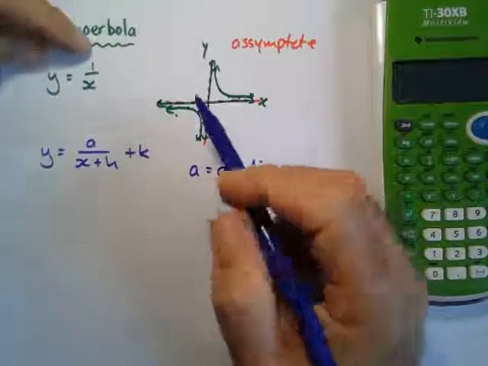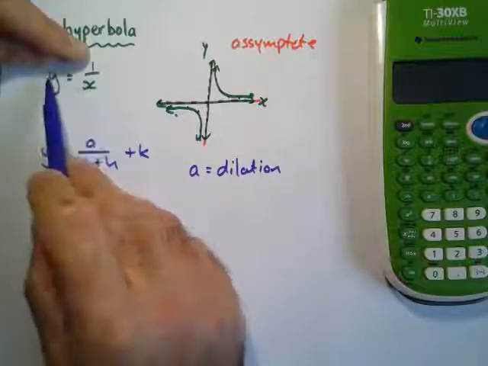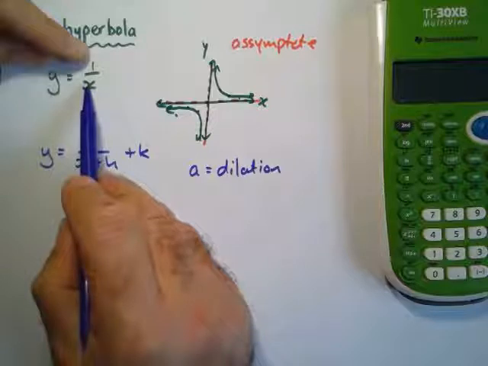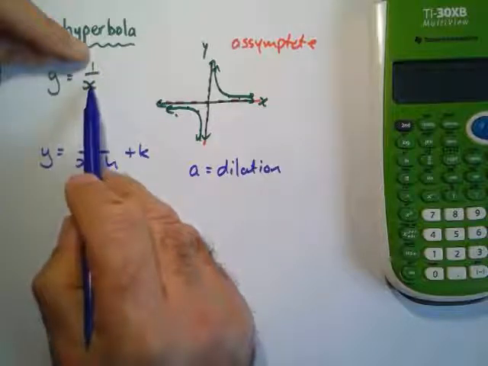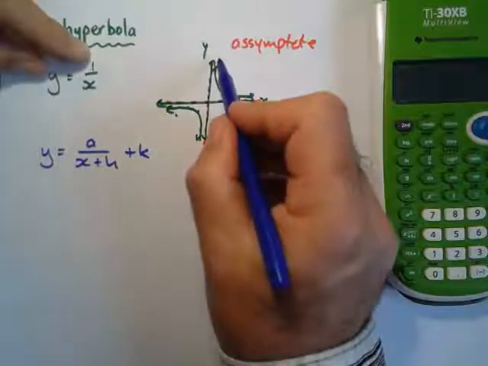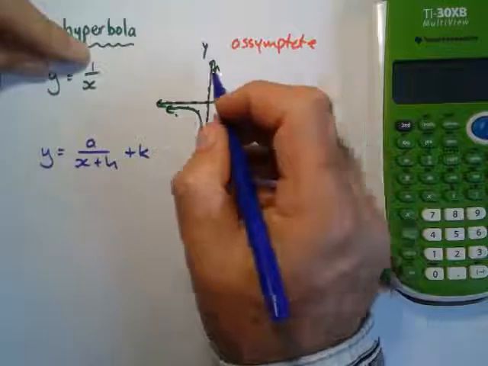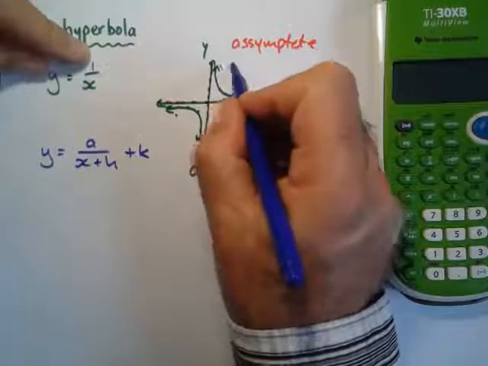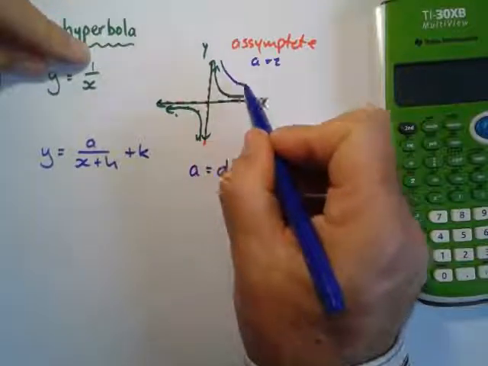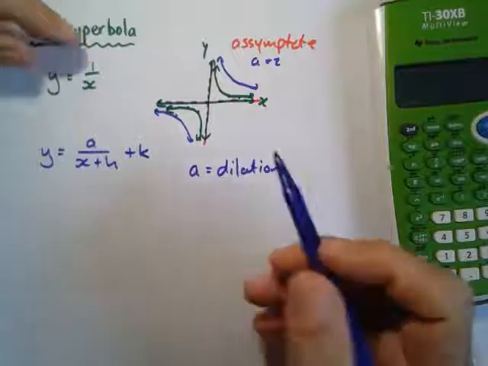If I had a 2 up here, it means that for any value of x, y will be 2 times that value. So if x was 1, and a is 2, then it's 2 over 1, which means y becomes 2. So if a equals 2, this graph will just push out like that and like that.